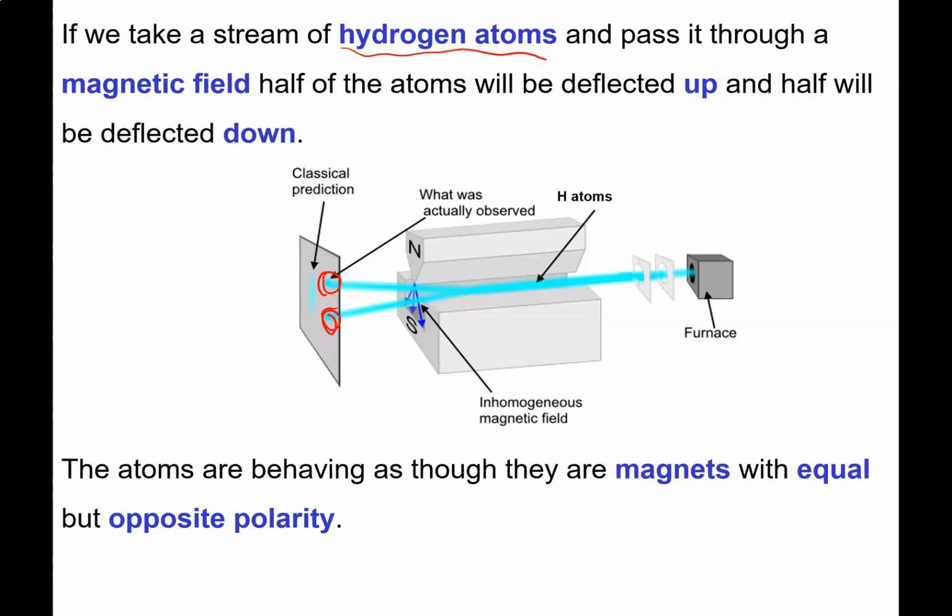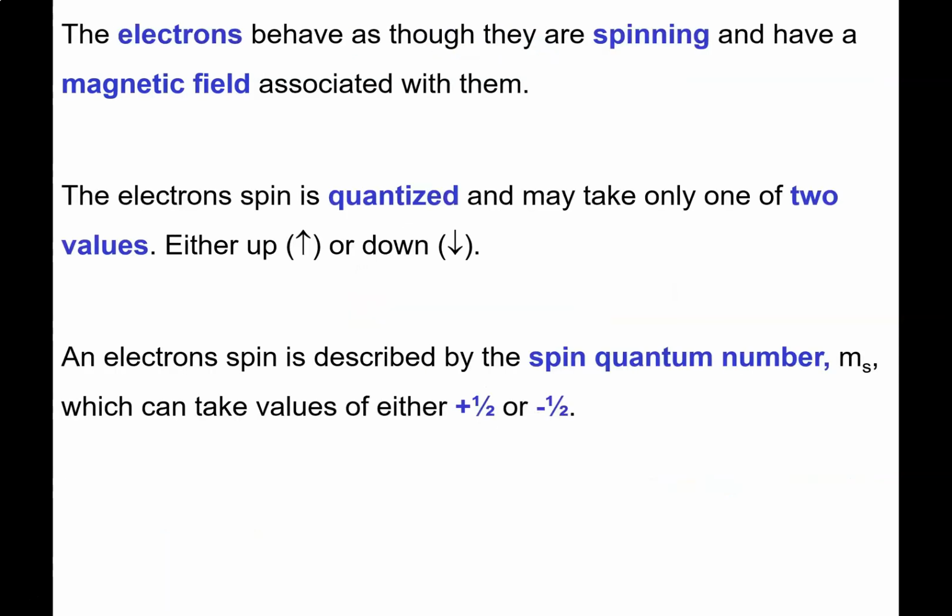That is, the atoms behave as though they are magnets whose magnetism is quantized in one of 2 values.